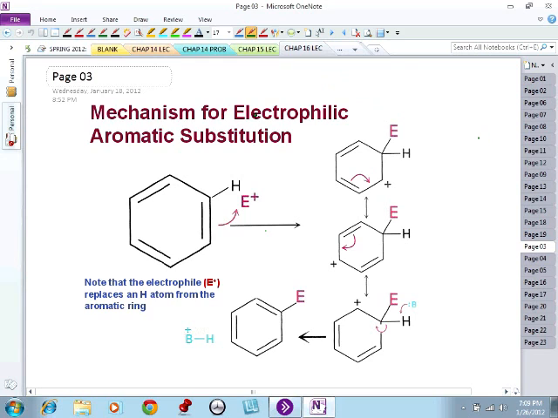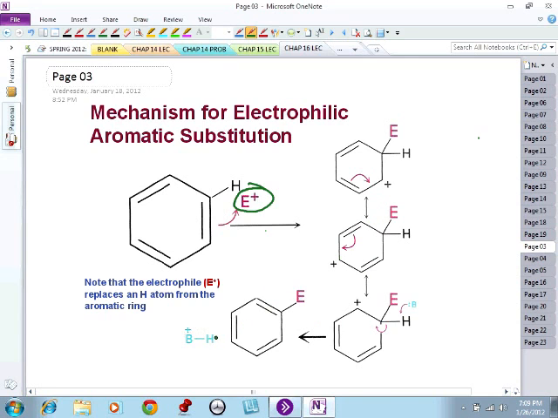As you can see here, this is the generic mechanism for the electrophilic aromatic substitution reaction. Okay, we've done this several times already. You see the electrophile is attacked by the pi electron on benzene. You form your intermediate carbocation. And then, of course, you could draw resonance showing the different resonance structures for the intermediate carbocation.